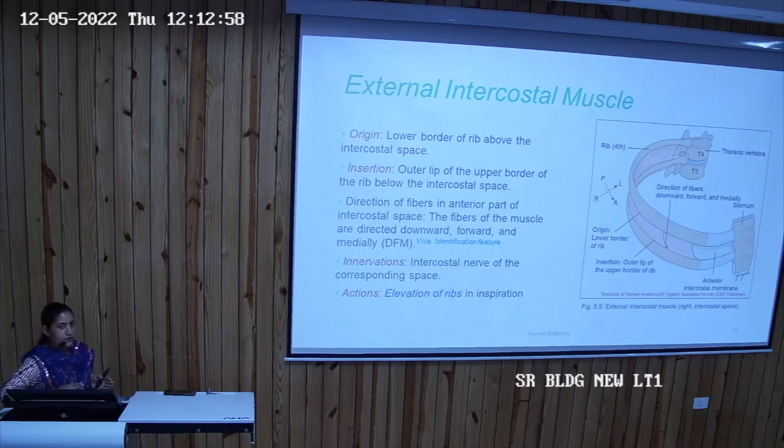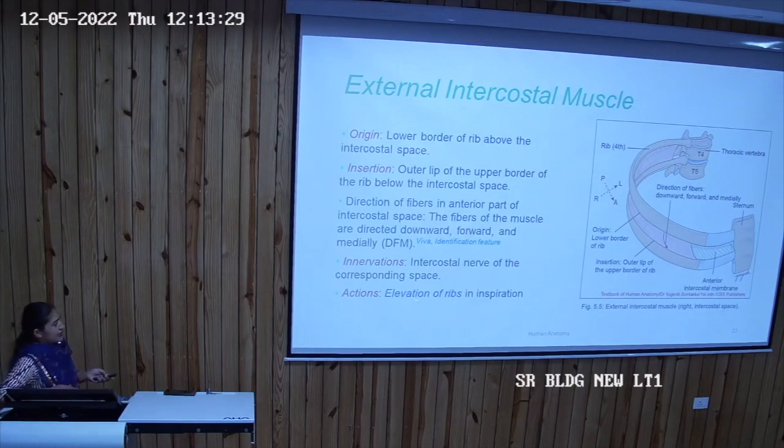The superior border of any rib will have the outer lip and the inner lip. Onto the outer lip there is attachment of the external intercostal. Onto the inner lip there will be attachment of the internal intercostal. So try to remember this: lower border of the rib above the intercostal space, any rib, then outer lip of the upper border of the rib below the intercostal space. Explaining it in words is very difficult if you don't give it a number.